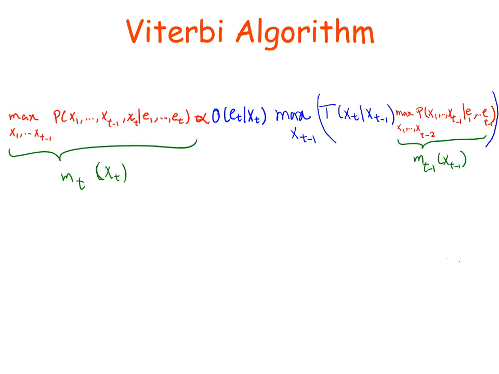If we denote the left hand side by mtxt, then it's obvious that the last term is indeed mt minus 1 xt minus 1.